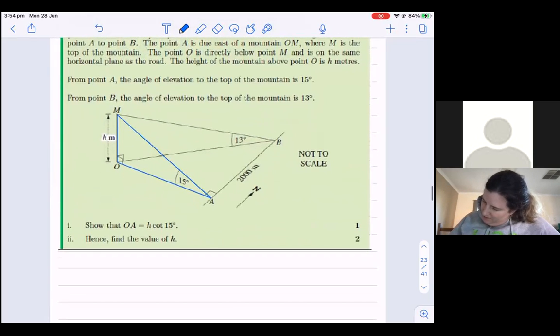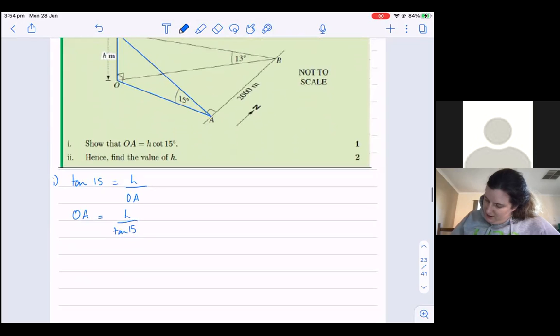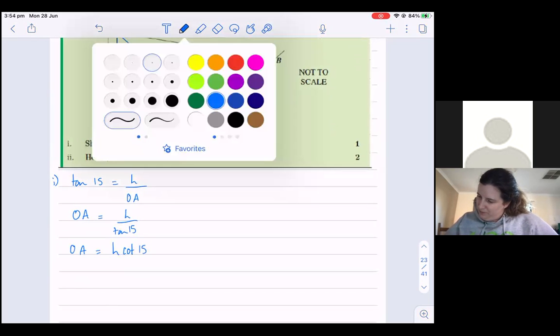So we know tan 15 is going to be H on OA, which means OA is H on tan 15. Don't forget cot is tan upside down. So OA is going to be H times cot 15. We normally wouldn't write it like that. It must be useful for the next one.